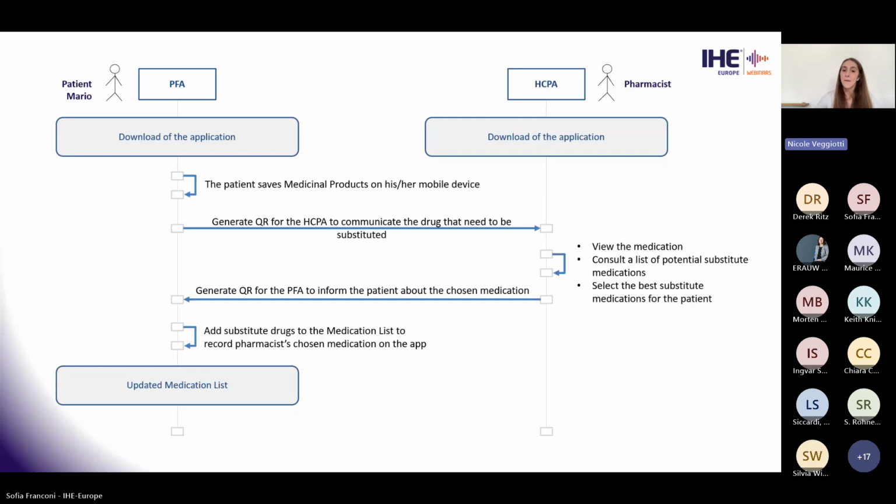With the healthcare provider app, the pharmacist is able to generate for the patient-facing app the QR code to inform the patient about the chosen medication. And at this point, Mario is able to add the substitute drug to the medication list to record the choice. At this point, Mario, the patient, has his medication list updated.